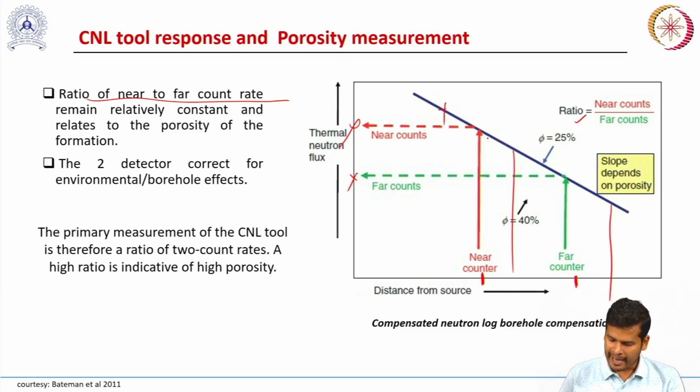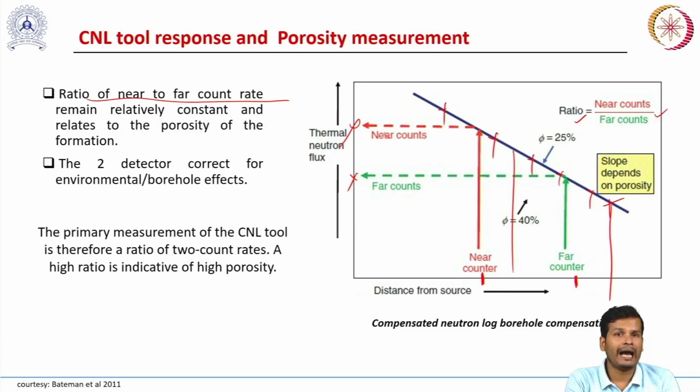This way, I can generate different data points at different near to far detector spacing. So for the particular property, the ratio of near to far count rate will be the same. So accordingly, I will get a line like this, and the slope of this line will depend upon the porosity. So for different porosity values, I will have different lines.